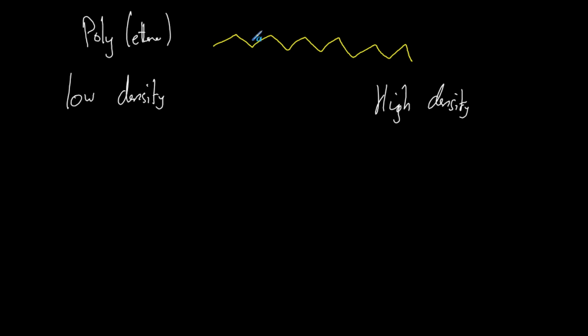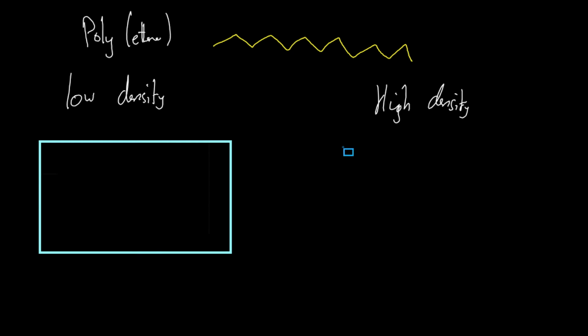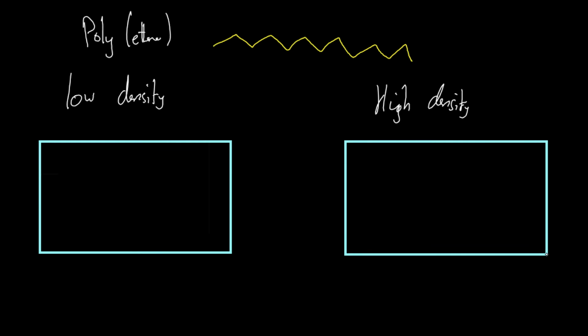Okay, so if one polyethene molecule looks like this, then what's the difference between high density and low density? Well, to demonstrate, I'm going to draw a box for each one. So let's pretend that these boxes are exactly the same size. In low density polyethene, we have branching occurring.